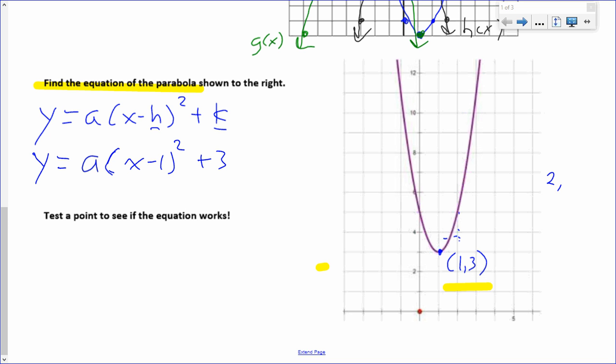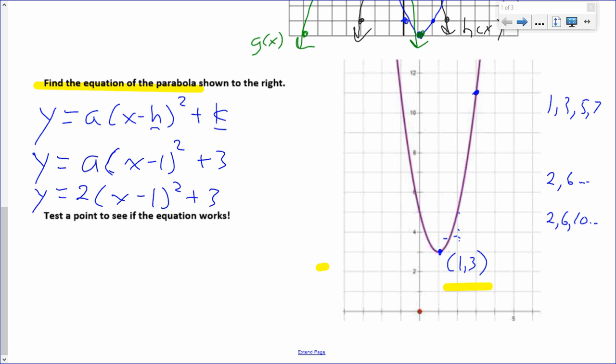And after that, going over 1, I go up 1, 2, 3, 4, 5, 6 to get to this point right here. So it sure seems like the step pattern is going to be 2, 6, 10, and so on. So that means that my a value, instead of having 1, 3, 5, 7 for a step pattern, it seems like I have 2, 6, 10, and so I can conclude that a should be 2.